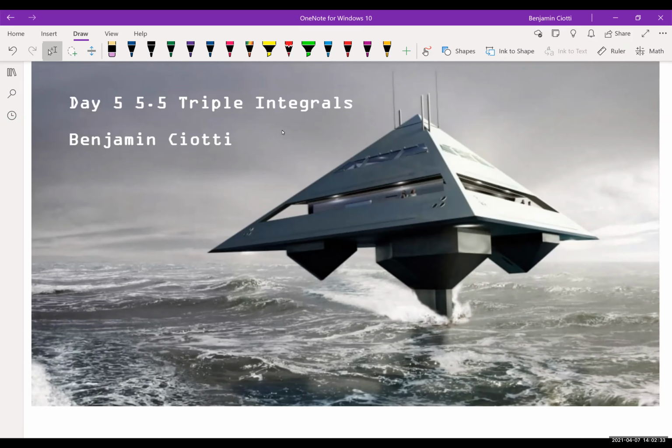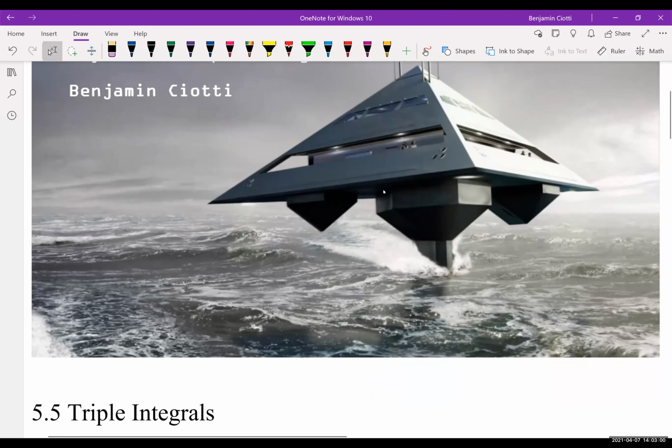Or let's say you have some charged object, it has electric charge. To find the total charge, you would need a triple integral. So anyway, there's a whole bunch of examples and applications of triple integrals. I just wanted to let you know before we get into them that they are a very important and applied topic. The problems can be kind of long, though.